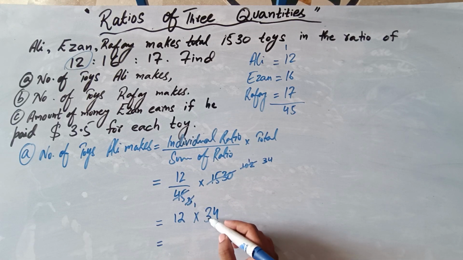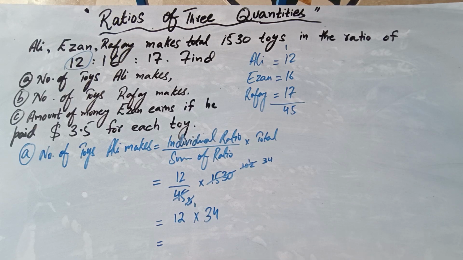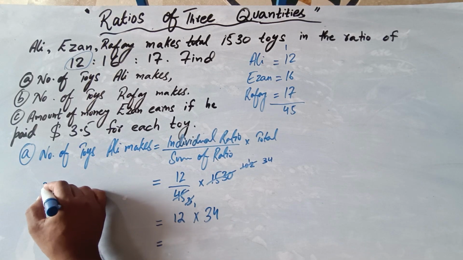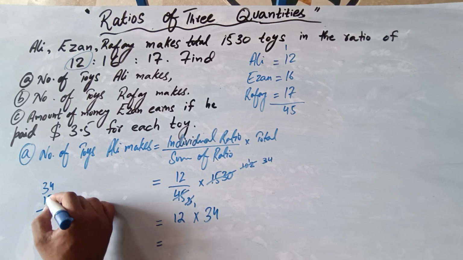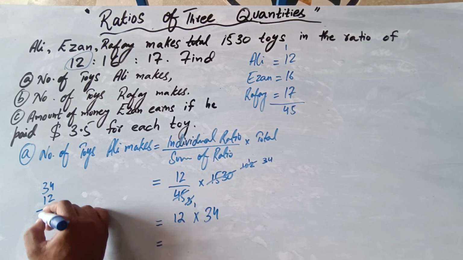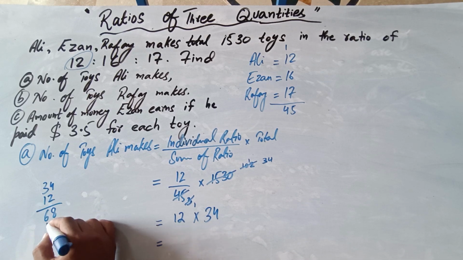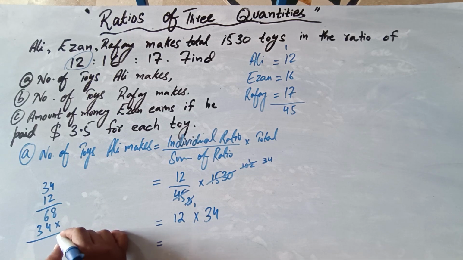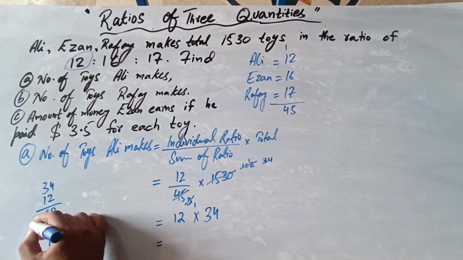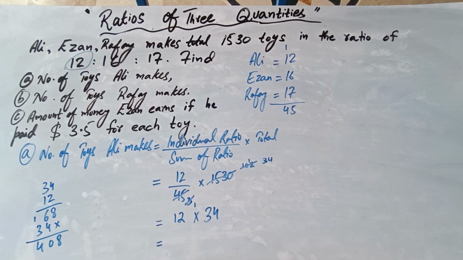Now multiply 12 with 34. We will get 408. So Ali is making 408 toys.